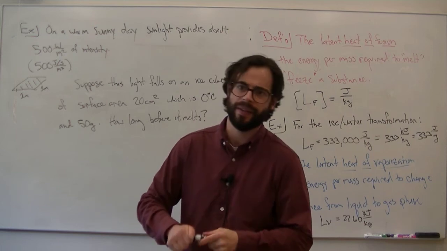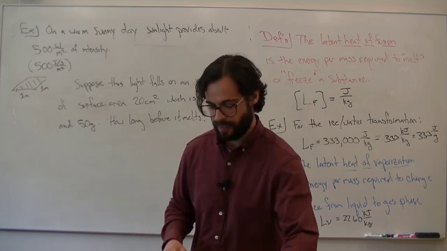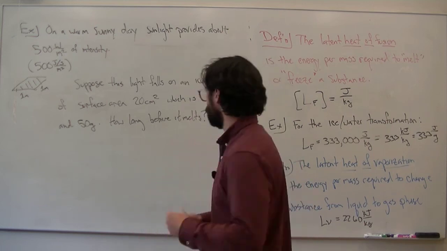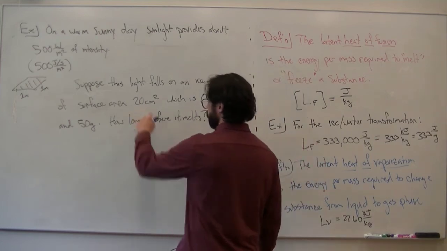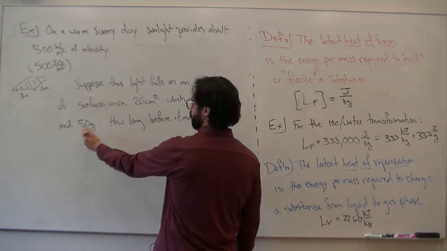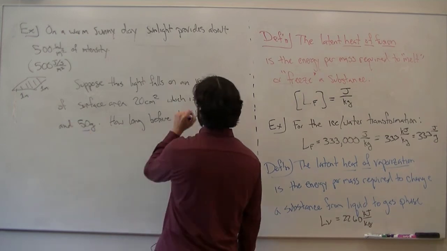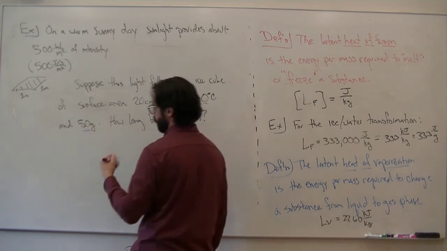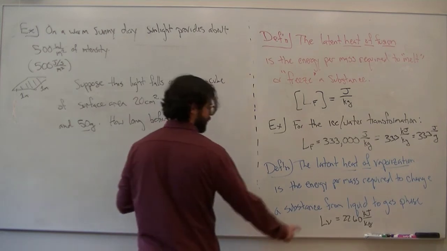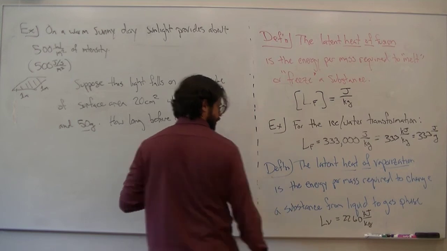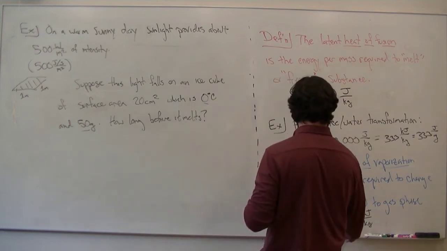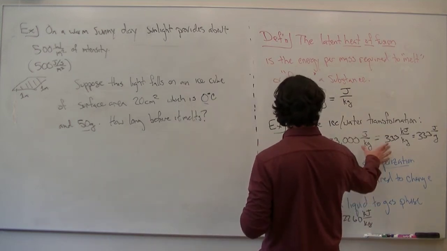So we'll add the time part, the joules part, last, and really just showcase the whole latent heat of, in this case, fusion. So essentially what I have is 50 grams of ice at 0 degrees Celsius, and I want to know how much energy it takes to melt. And then this tells me how much energy I'm putting in as a function of space and time.